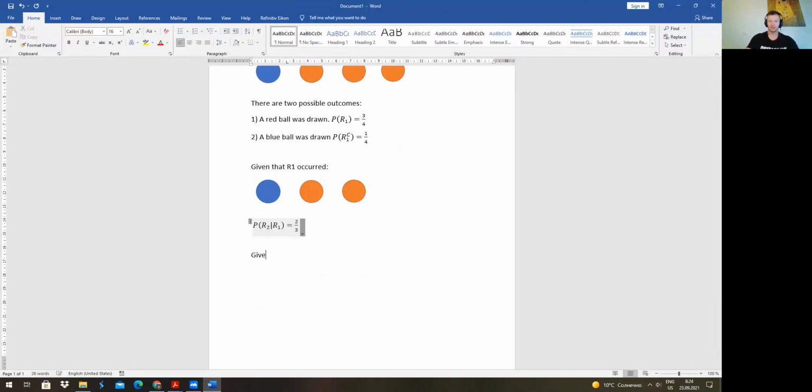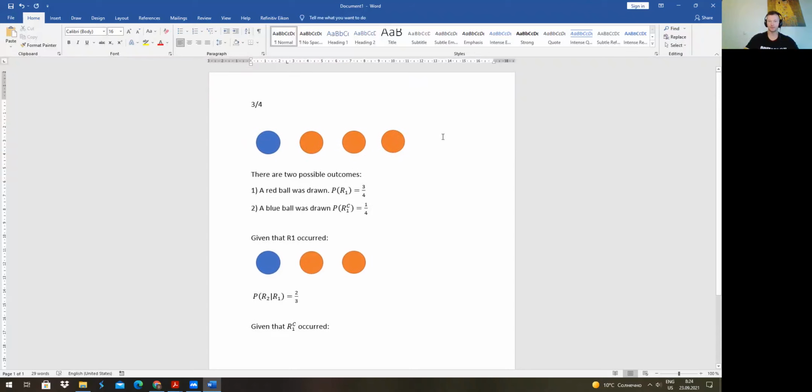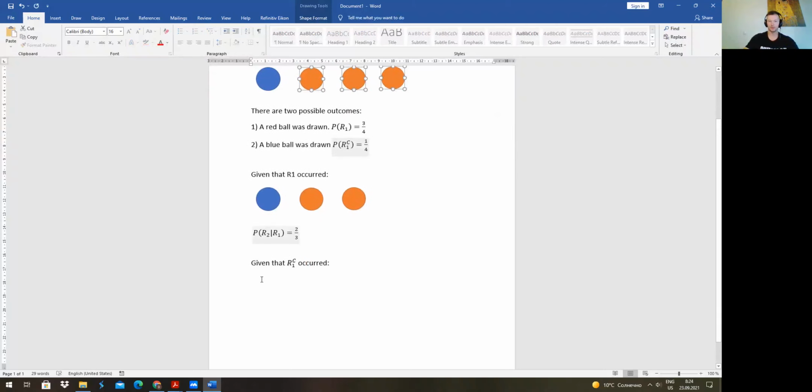But another option is this. So given that not R1 occurred, then we have this. Then blue ball is not there, and we have only 3 red balls.